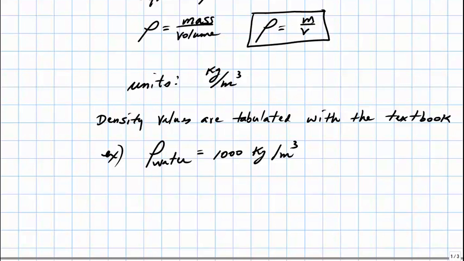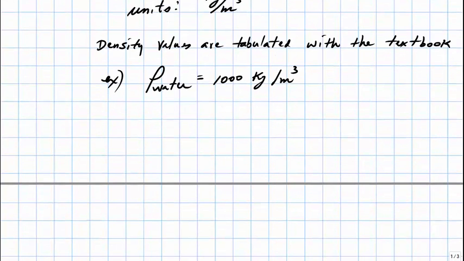On the other hand, if we filled the same box with aluminum, we would find that the mass of the aluminum is much greater than the mass of water. The mass of the aluminum would equal 2,700 kilograms, and that's because the density of aluminum is given as 2,700 kilograms per cubic meter.